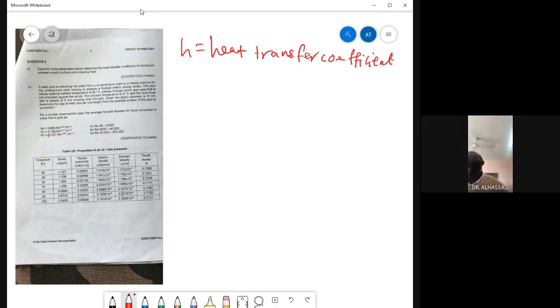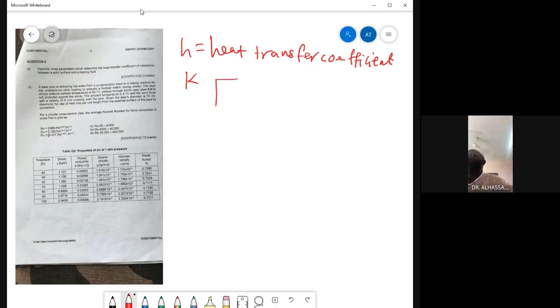Unlike thermal conductivity k, which is a parameter that depends on the type of material, across which the thermal energy is flowing.